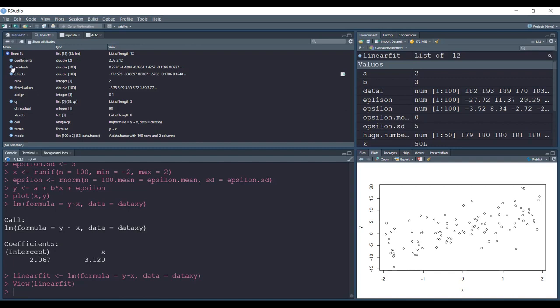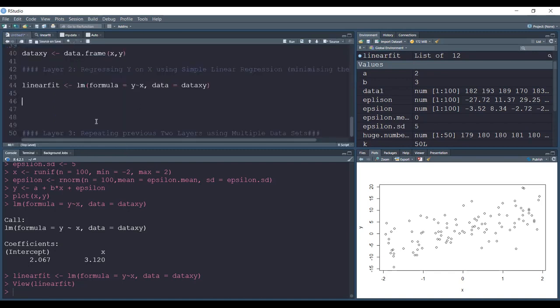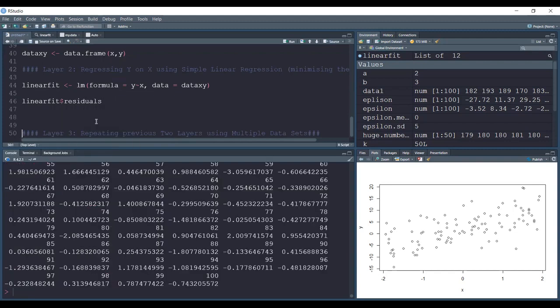So how do you get them? Can I type linear fit? Yeah, these are all your residuals. So you can actually square them, because it's the residual sum of squares, right?